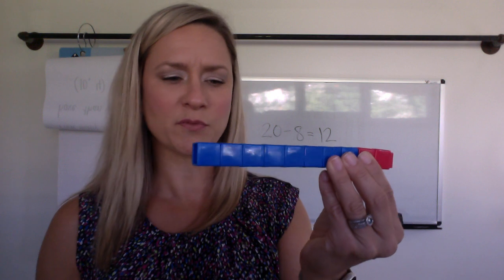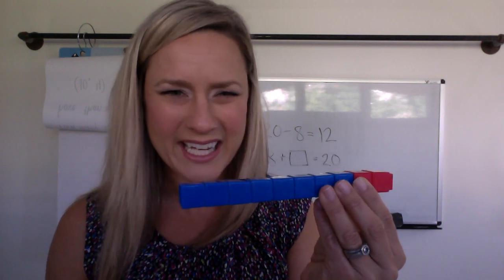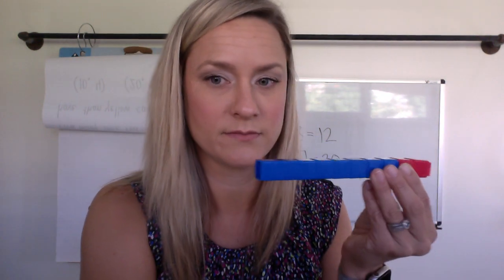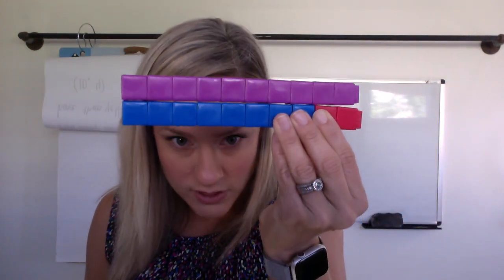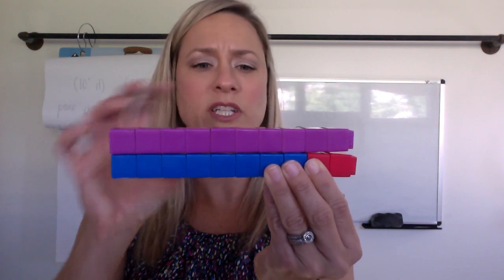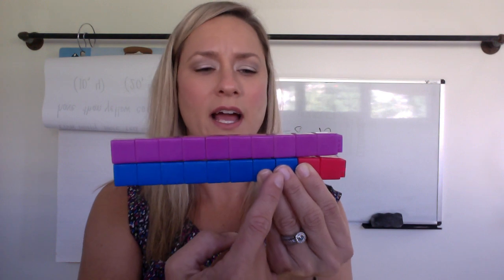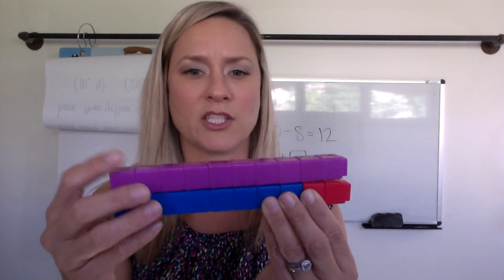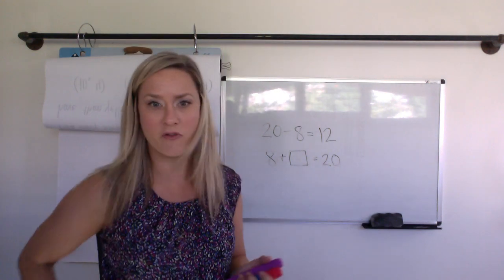And then how much more do we have to go to get to 20? Well, we have to go 10 more. Can you see me? Yes. Okay, so we started with just the blue. And then we had to add on 2 reds and 10 purple. So we had to add on 12.